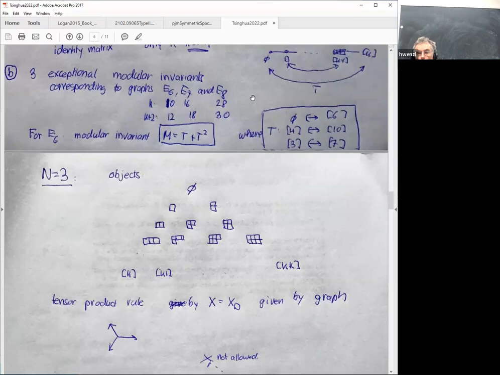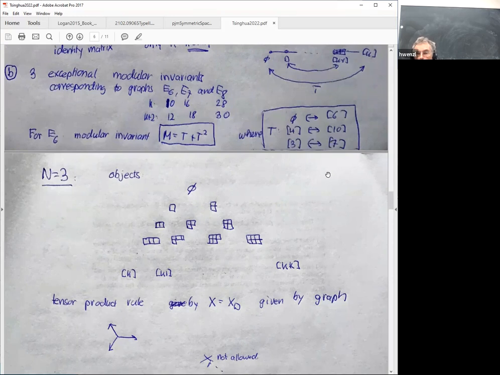I only wrote down here as an example the modular invariant in the E6 case, where it is given by T plus T squared, where T is a permutation matrix, which interchanges the trivial object with 6, the object labeled by 4 with 10, and the object labeled by 3 with 7.